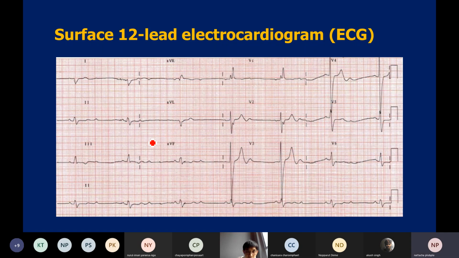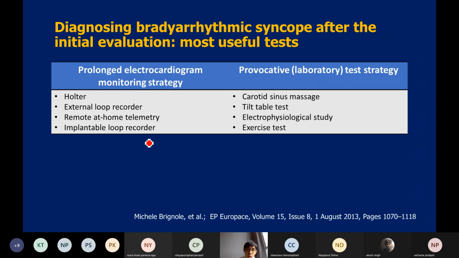Because there is a P wave with no QRS, and then after that comes a P wave and QRS. Okay, so you can see here that there are two P waves and only one QRS, which means that the impulse cannot conduct down into the ventricle, and this one is likely a type 2 second degree AV block.